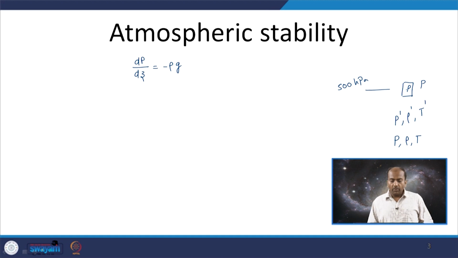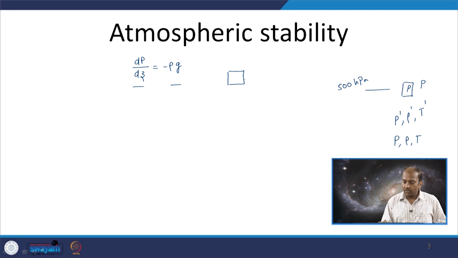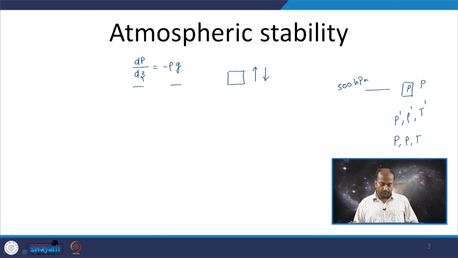Now, if the air parcel is absolutely balanced by these two forces, the gravity and the pressure gradient, we say that the air parcel should remain stationary. It should not move either in the vertical, the horizontal or any other direction.